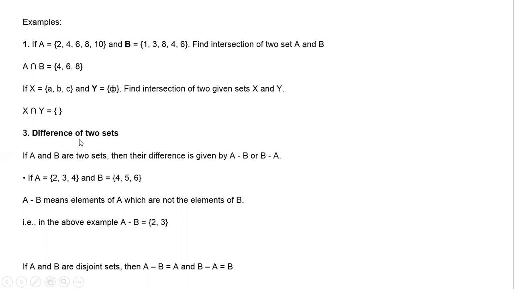Okay. Then what is the difference of two sets? If A and B are two sets, then their difference is written as A minus B or B minus A. A minus B means the elements of A which are not elements of B. Whenever you are writing A minus B, you have to write elements of A which are not elements of B. Whichever element of A is present in B, you should not consider.